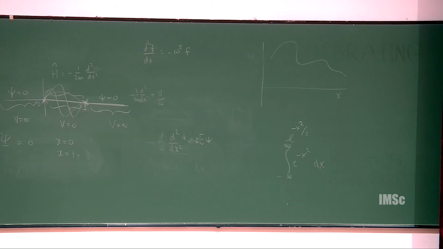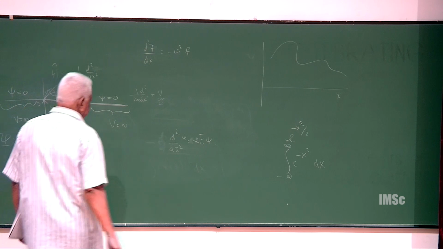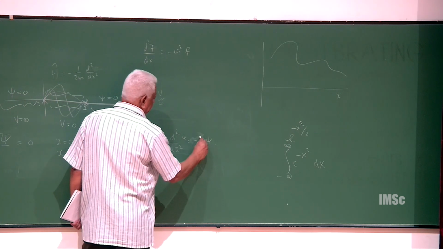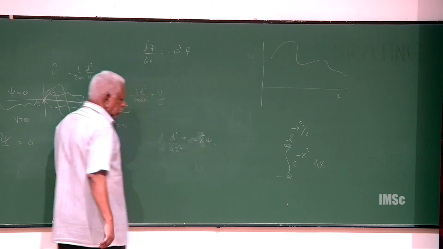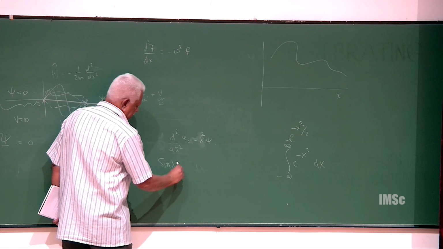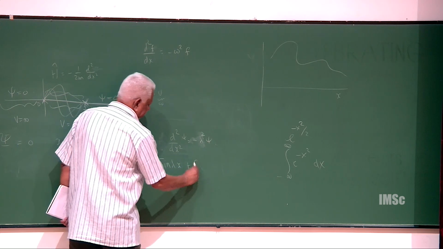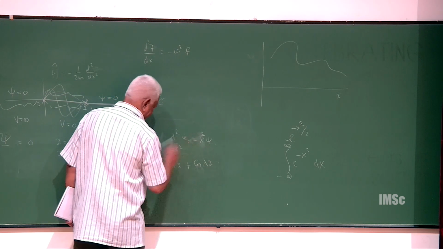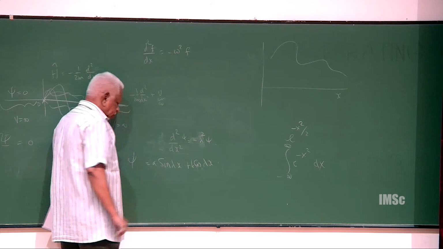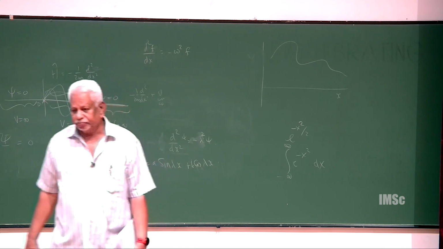That's the kind of thing we will have here. So let me call the constant minus some lambda square. So the solution is sin lambda x plus cos lambda x, A times this, B times this.